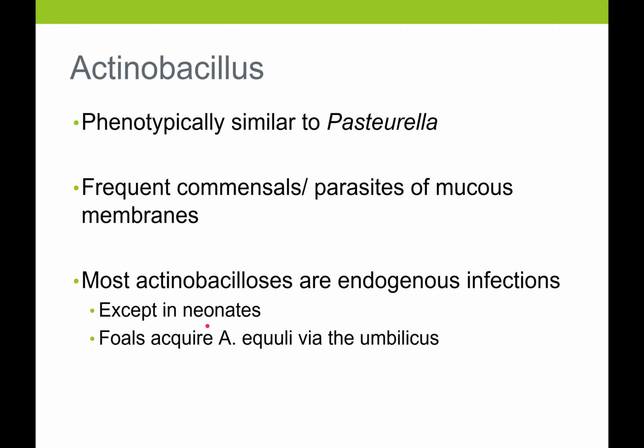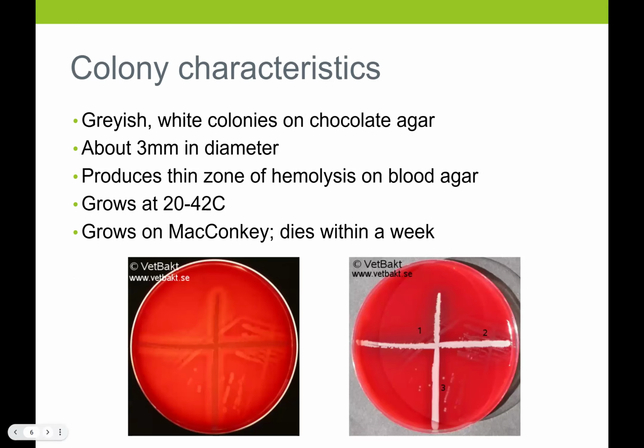Except in neonates, they can infect the neonates, and foals acquire Actinobacillus equuli via the umbilicus. Very similar to Haemophilus in that it will use blood agar or chocolate agar for growth.